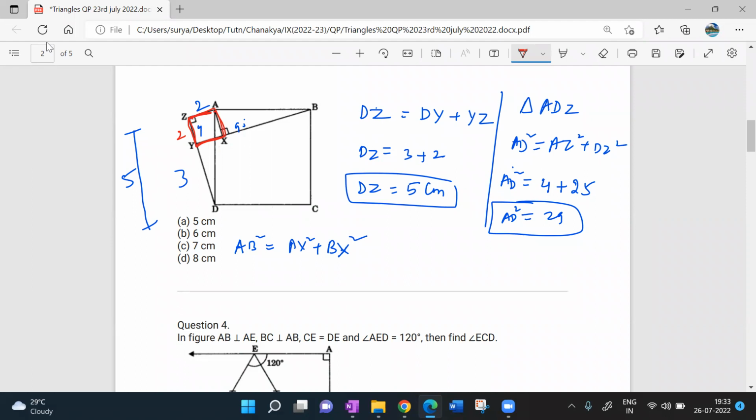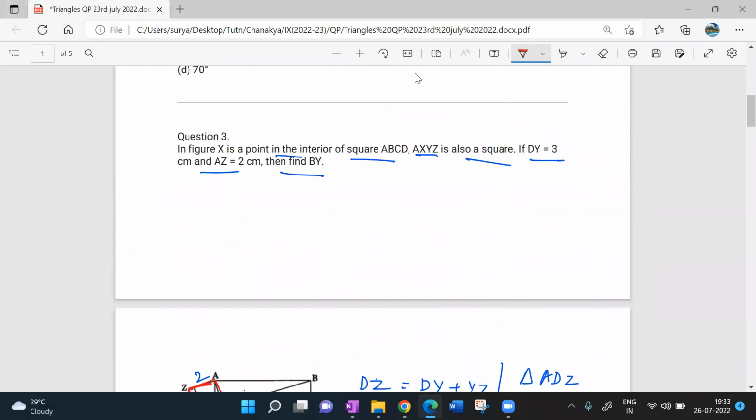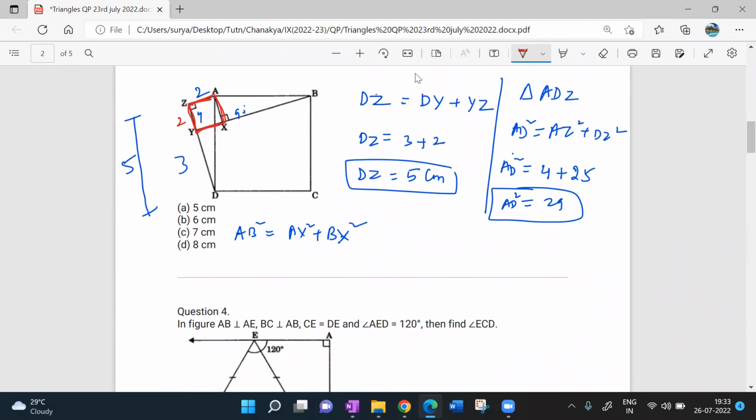Next, what do we need to find out here? We need to find out BY, right? So let me write here. AD is root 29.